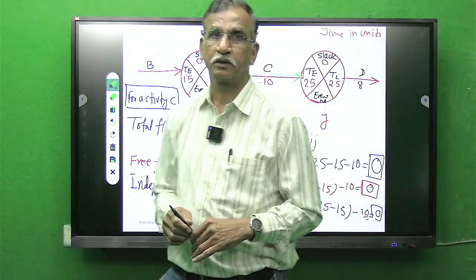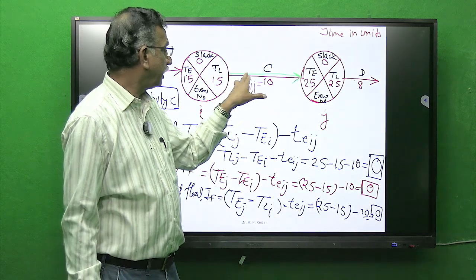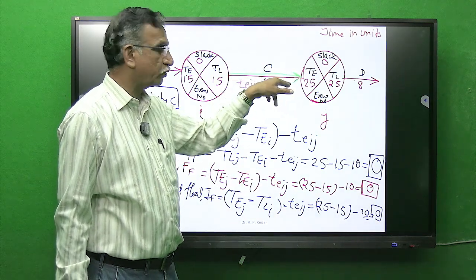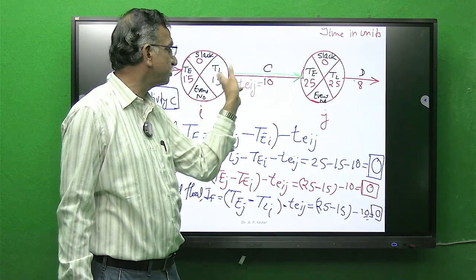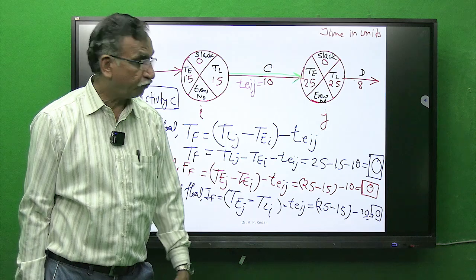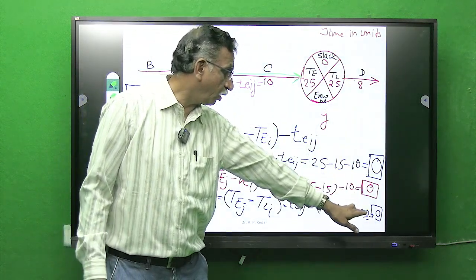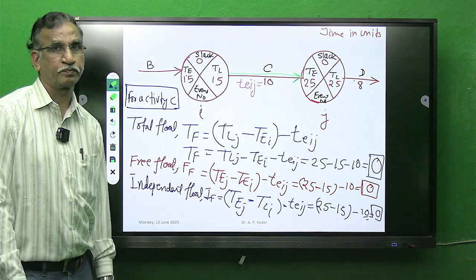Directly you can write the answers. Now see, I have drawn this with a double arrow, meaning this activity, looking at this slack equal to 0, is a critical activity, and for a critical activity all slacks, all floats are 0.